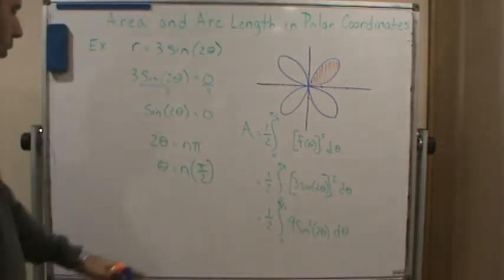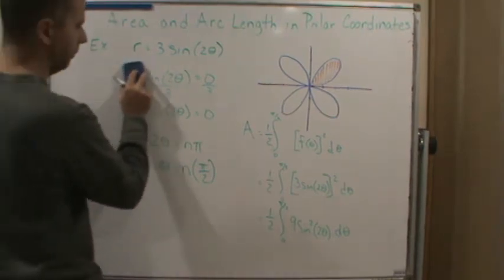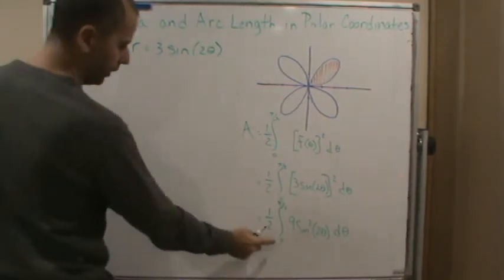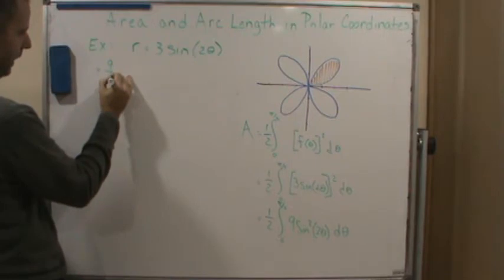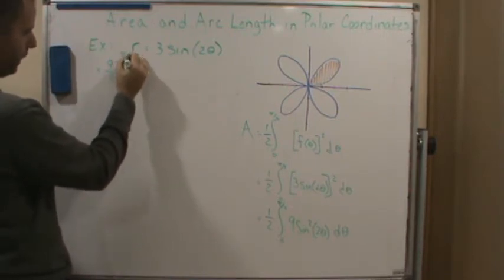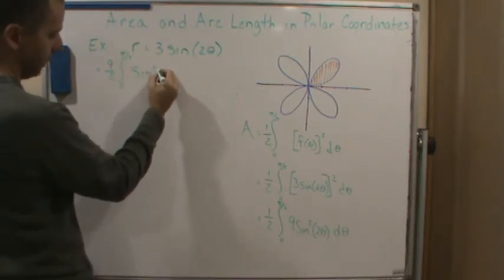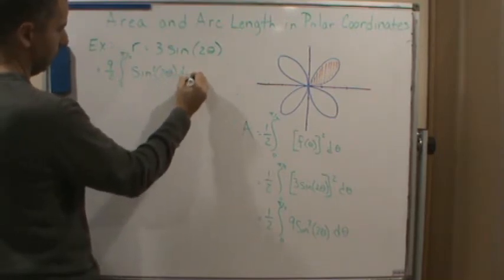And then of course we can pull the 9 out. So let's come back up here, and I'm going to erase this. Now this is going to be equal to 9/2 times the integral from 0 to pi over 2 of sine squared 2 theta d theta.